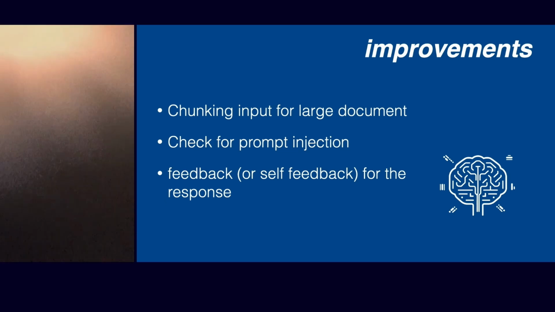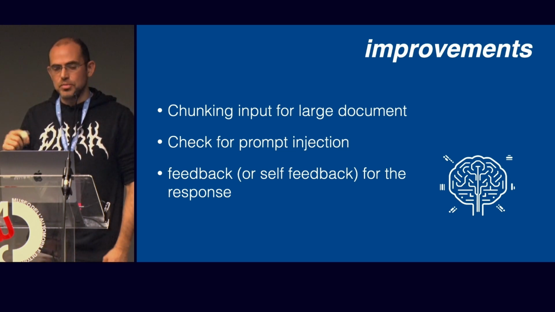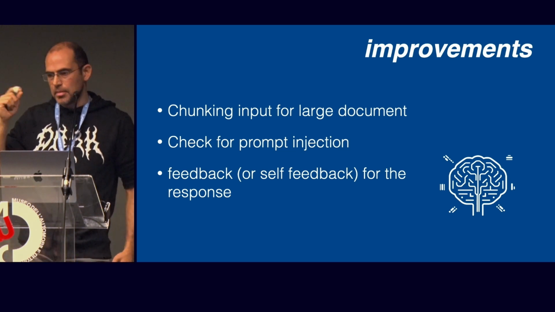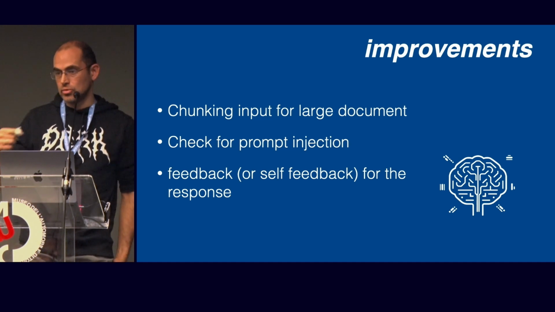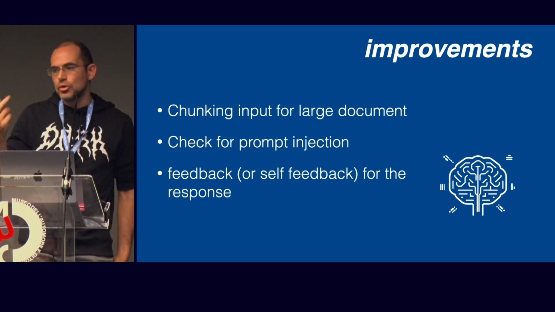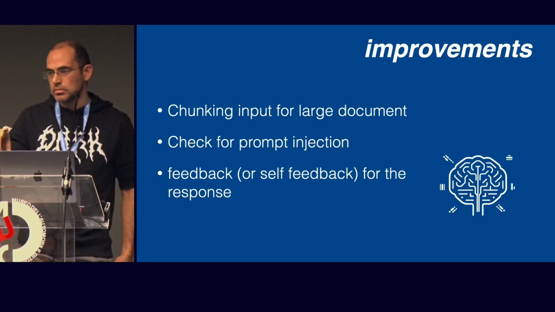Maybe we could improve the quality of our responses by asking for feedback. We could ask the same model again, okay, do you think that this kind of response is okay for these kinds of questions?